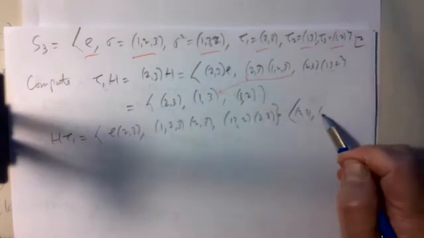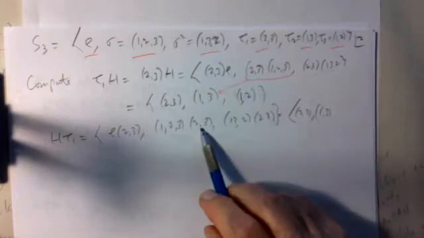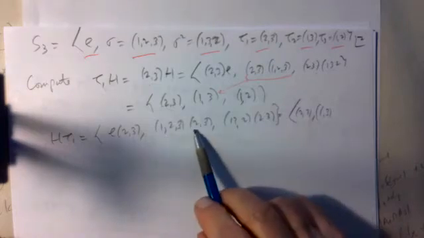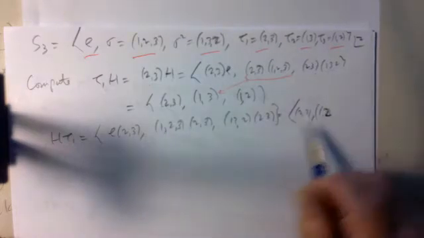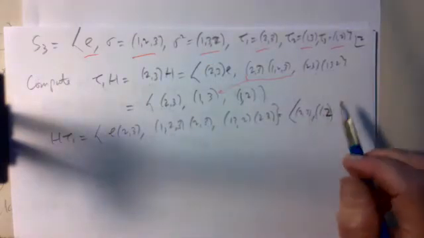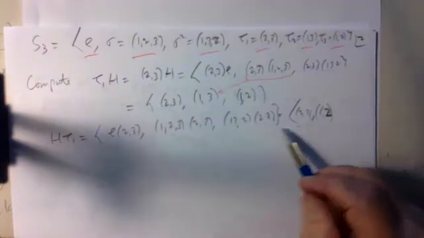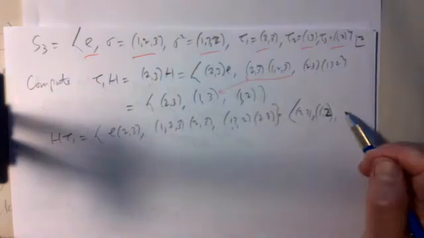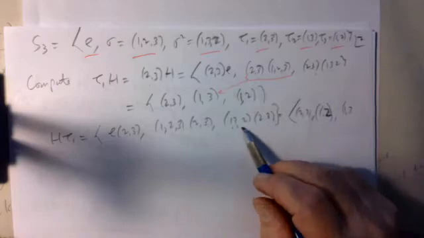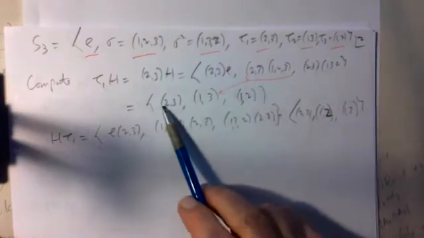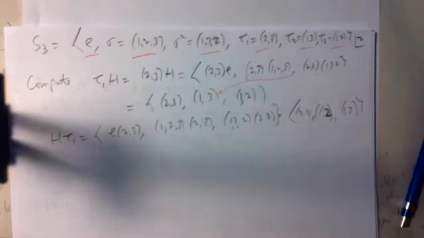See, 1 goes to 3, 3 goes back to 1. So this is just 1, 2, and this 1 goes to 3, 3 goes to 2, goes to 1. So the order doesn't matter. This set is the same as this set.